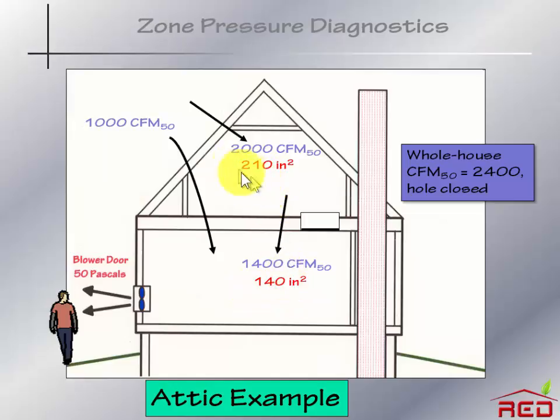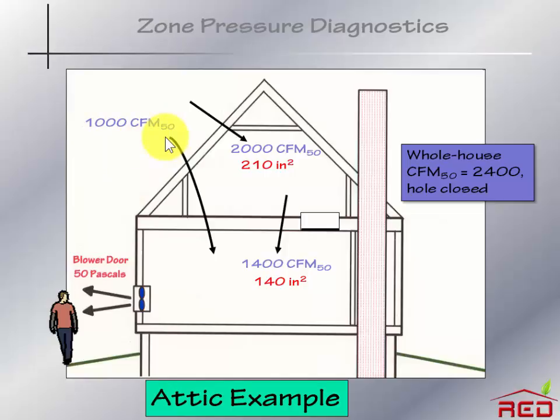For the outdoors to the zone or zone to the outdoors, we have 2000 CFM50 flow rate and approximately 210 square inches. Notice that the square inches is pretty close to dividing the flow rate by 10. Not exactly, but almost always quite close. And the total path is 1000 CFM50 flow rate.